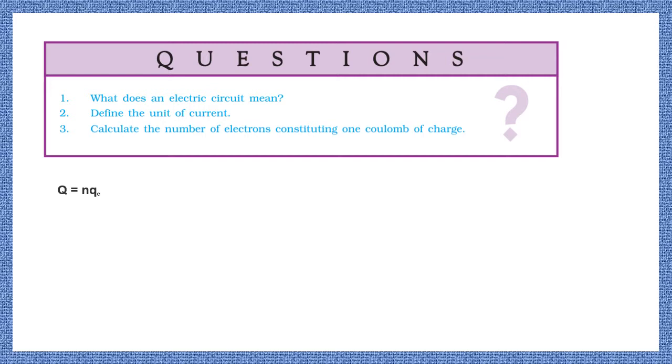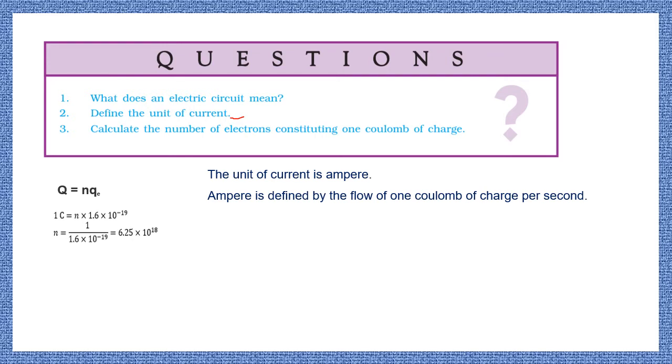The second one is, define the unit of current. Unit of current is ampere, and ampere can be defined by the flow of 1 coulomb of charge per second. That is the unit of current. I is equal to Q upon t. This is the formula of current.